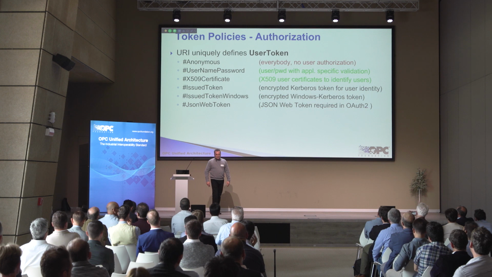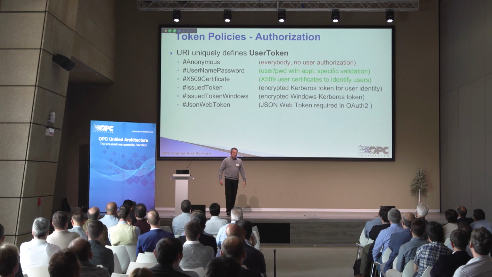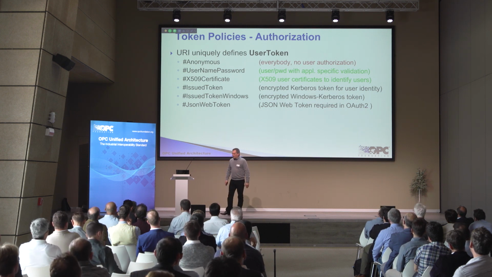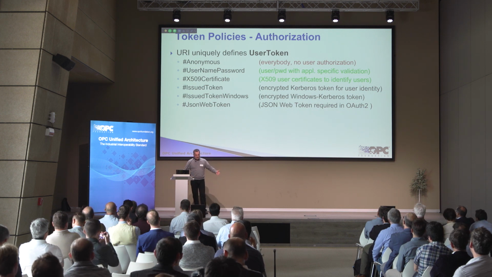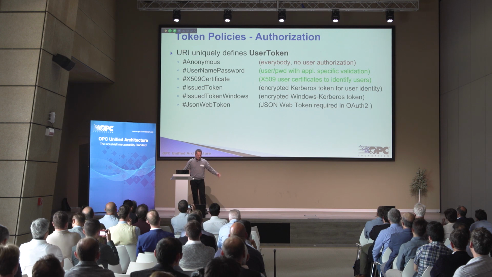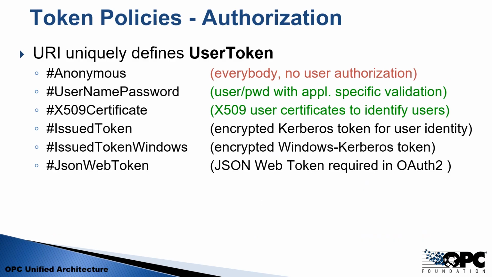For the user token, that's for the user authentication on a server, we have different formats. One is anonymous, which of course means it's not authenticated. That's like the everybody or guest or whatever you want to call it. So there's no user authorization. Then we have username and password. We can also have user certificates, X509 certificates, or a token, for example a Kerberos token.